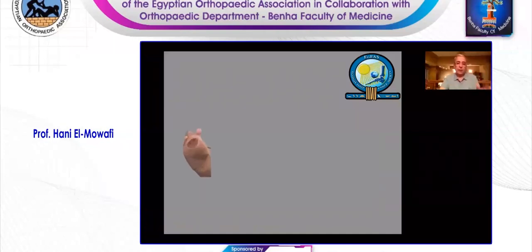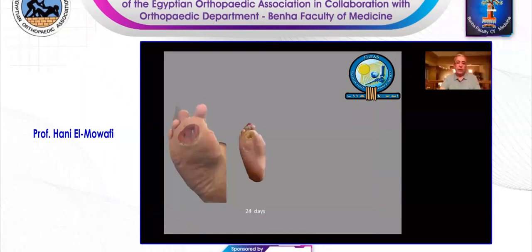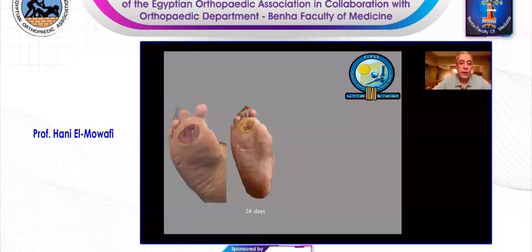This is before the operation, and after 24 days the ulcer is completely healed. We didn't use any curette or anything on this ulcer. We just used betadine and covered it, and that's it.